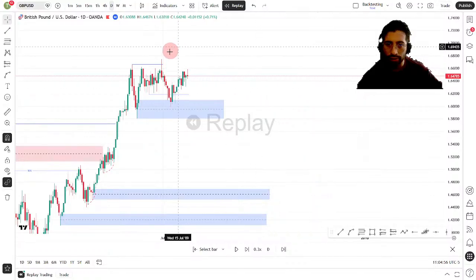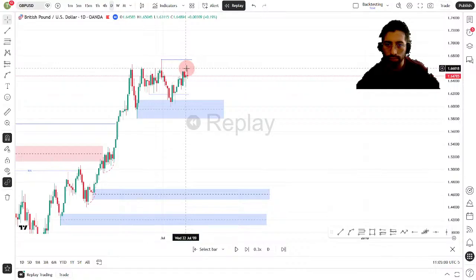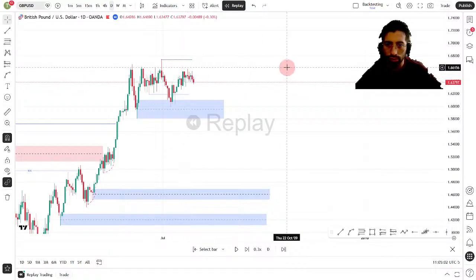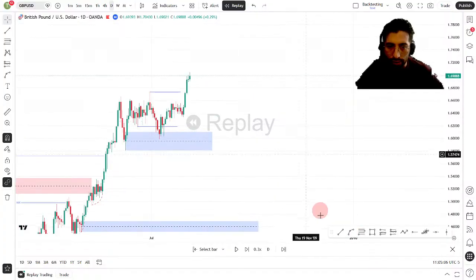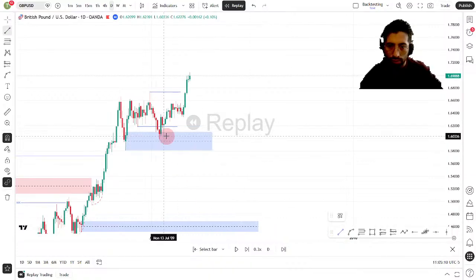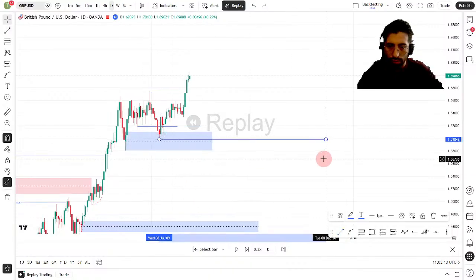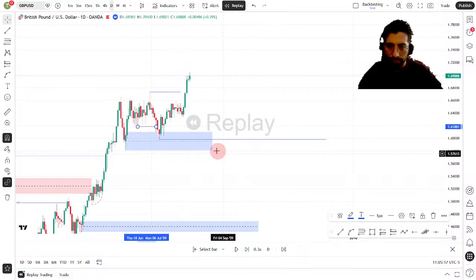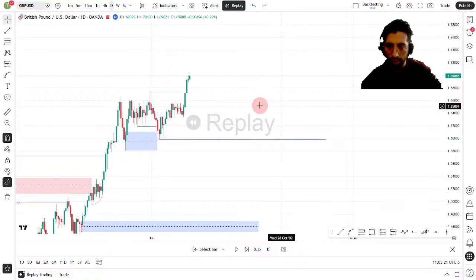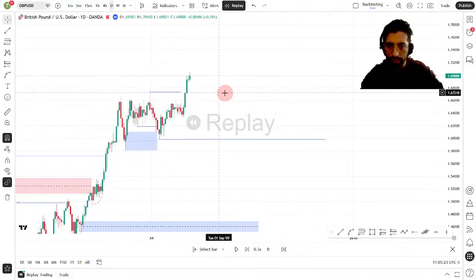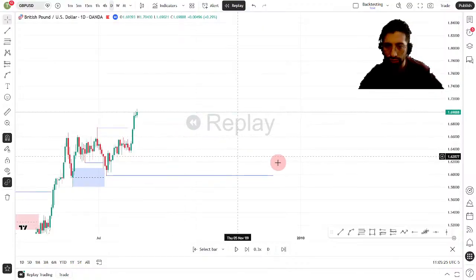If we have a break of structure with a body of the candle, we can determine that this is our new strong low. Yep, now we can determine it. This is our new strong low because it follows confirmations: entering an order block, a break with a body of the candle, and now we have a new strong low.